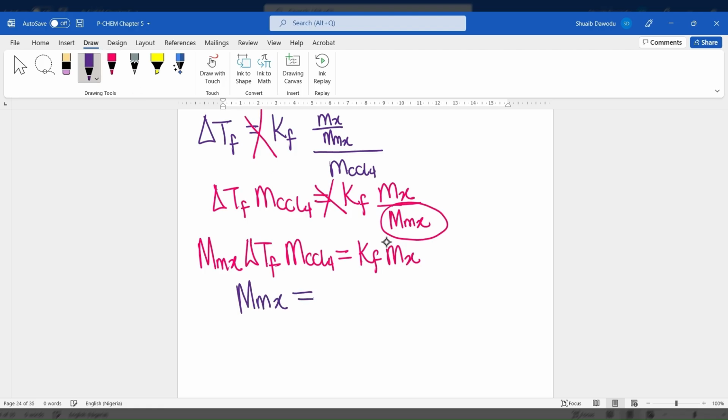So we're trying to solve for MM sub X. We divide both sides by change in T sub F times m CCl4.